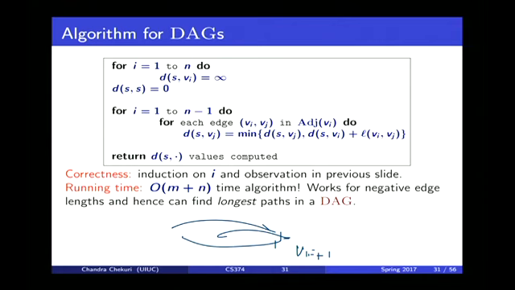Yeah? Okay? So, for each edge Vi, Vj, let's see, S Vj, okay, I'm doing it in the forward order. The following algorithm is a little different from what I said.